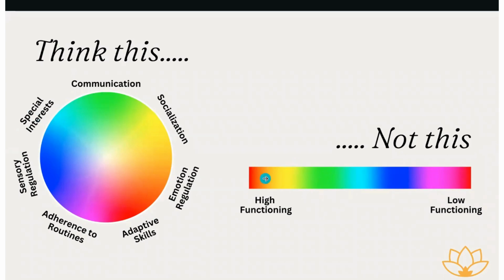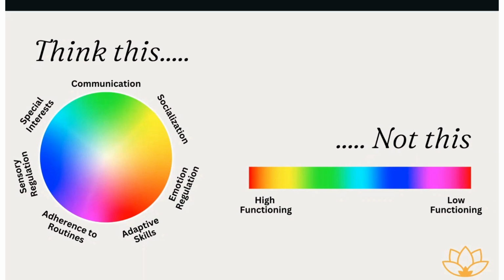So rather than it being one spectrum of high functioning versus low functioning, this is acknowledging that every brain is different and has variation. And autism spectrum disorder doesn't mean that your child has deficits in every area of their brain functioning.